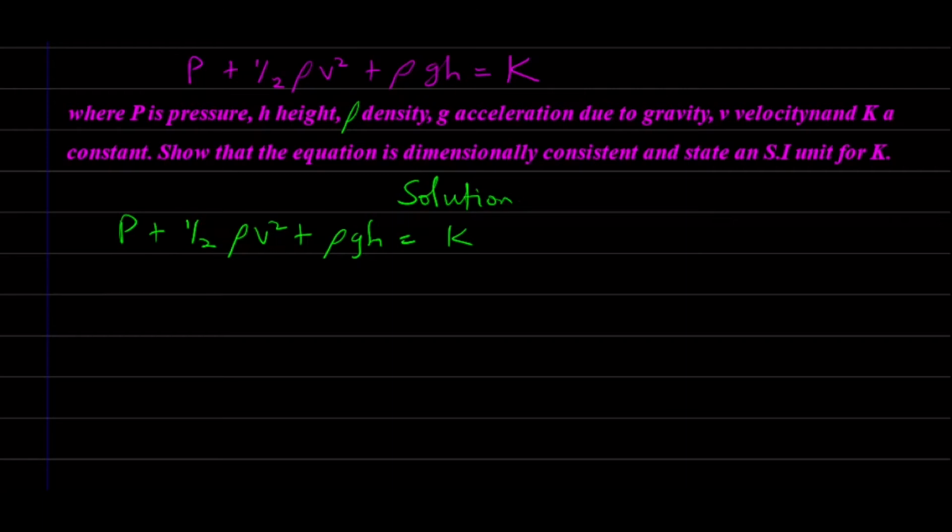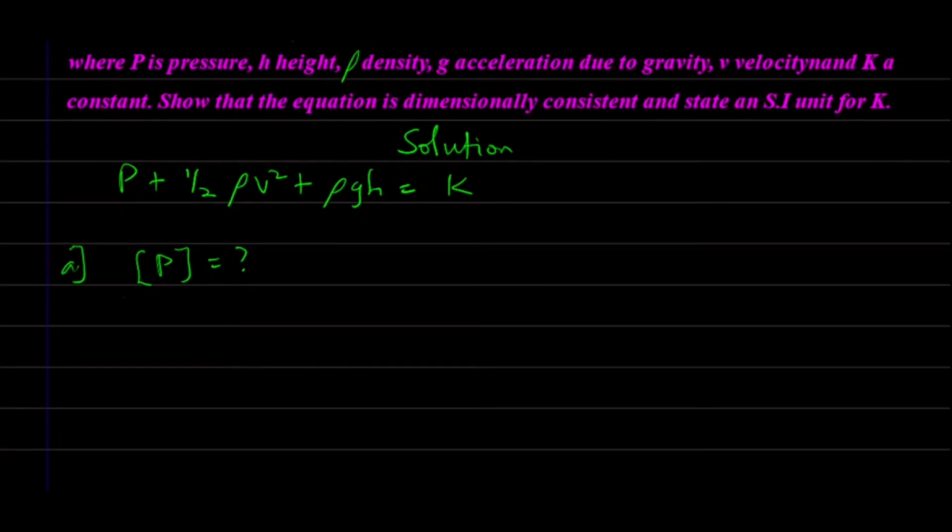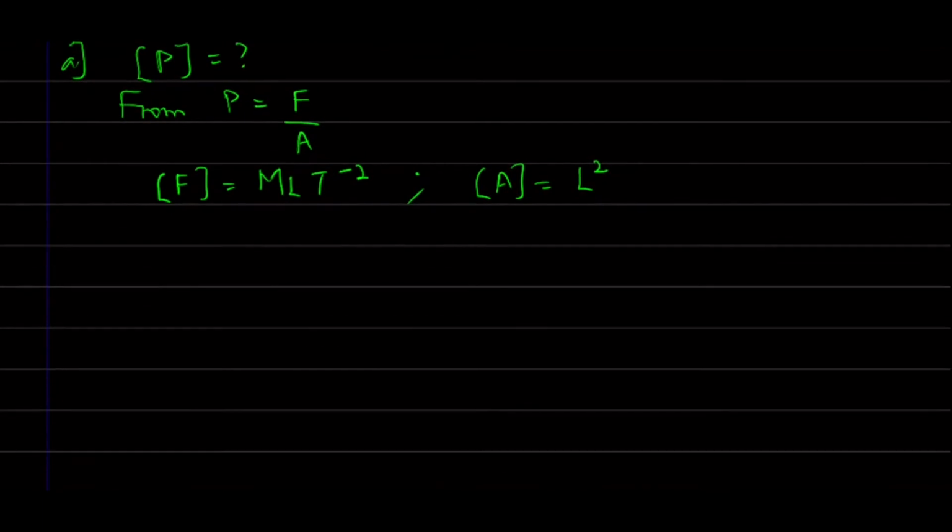Say part A. Dimension of P, where square brackets represent dimension. Now, from the definition of pressure as force over area, the dimension of force is MLT raised to the power minus 2, while the dimension of area is L square. So we substitute into this equation: pressure is equal to, in place of force, MLT raised to the power minus 2 over L square.